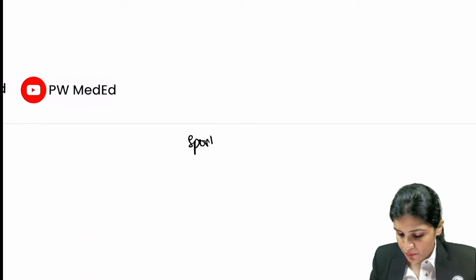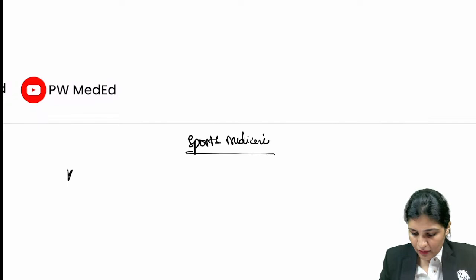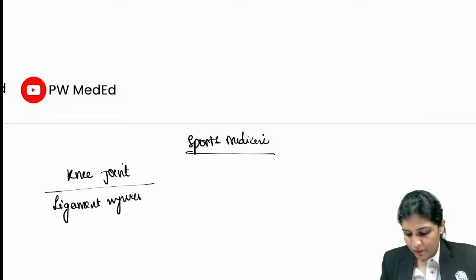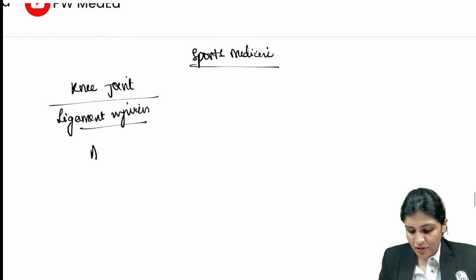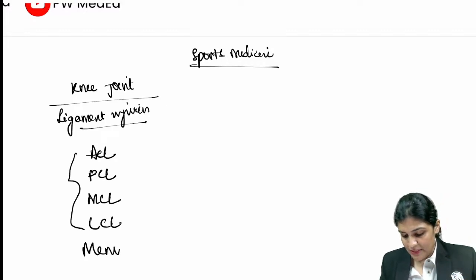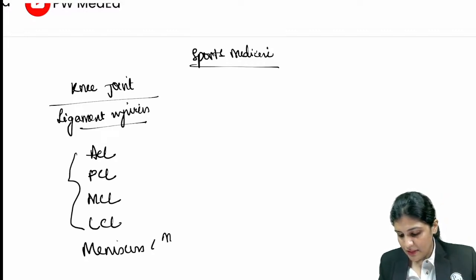In sports medicine, the most common thing they ask you about is the knee joint, and in the knee joint you have to be thorough with the ligament injuries, right? These ligaments are first your ACL, then your PCL, then your MCL, the LCL. These are the important ligaments, and then you have meniscus, that is your medial meniscus and the lateral meniscus.